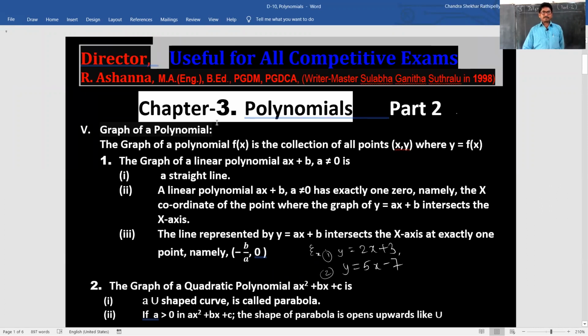The graph of a polynomial f of x is the collection of all points x, y, where y is equal to f of x. The graph of a linear polynomial ax plus b, here a is not equal to 0.